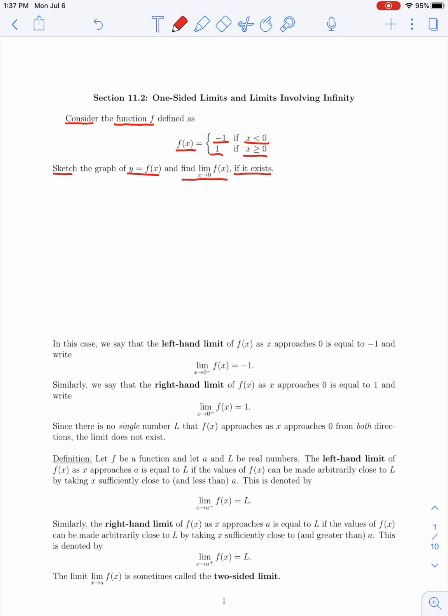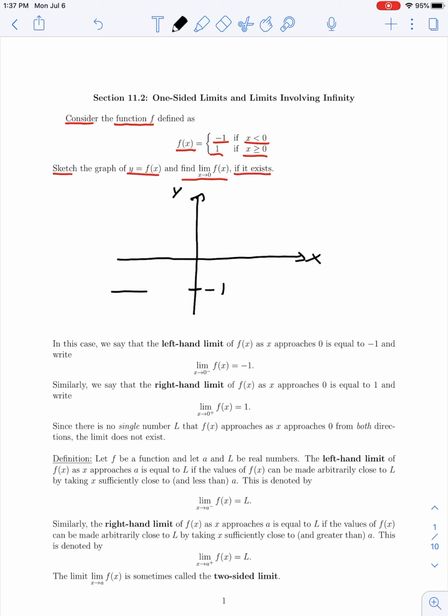So we had looked at this problem at the end of the last section, so let's review what we had seen there. So in the xy plane, we want to sketch the graph of our function. And f of x is defined to be a constant, -1, for all values of x that are less than 0.